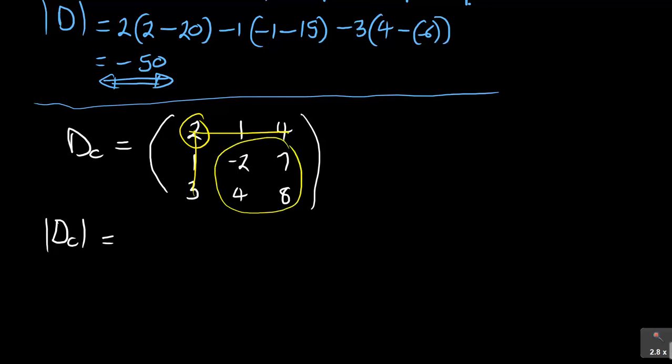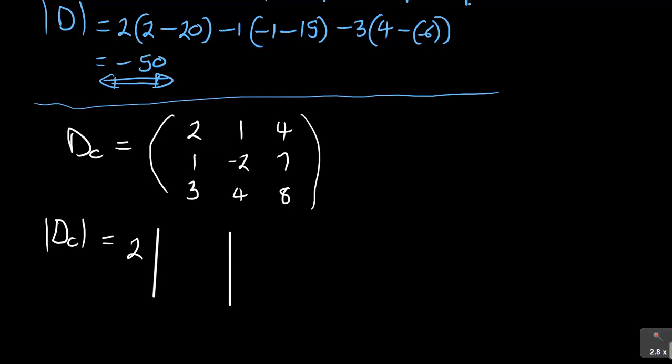So I write the 2, and then I have, remember these are the numbers that were left after crossing. It's minus 2 4 7 and 8, and then remember the signs are plus, minus and plus.